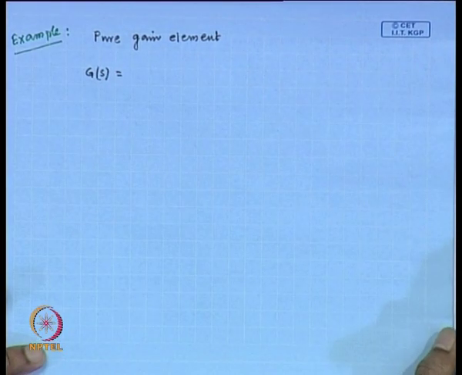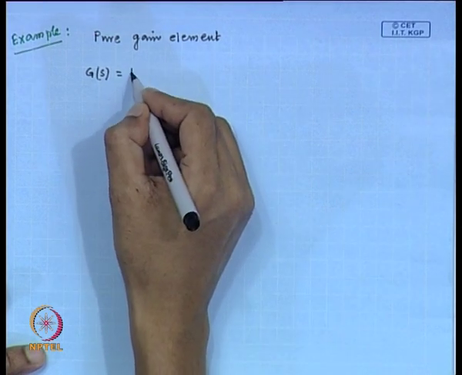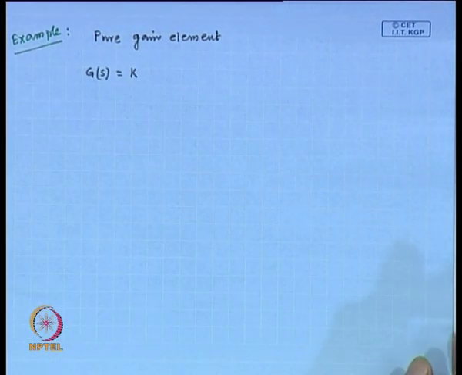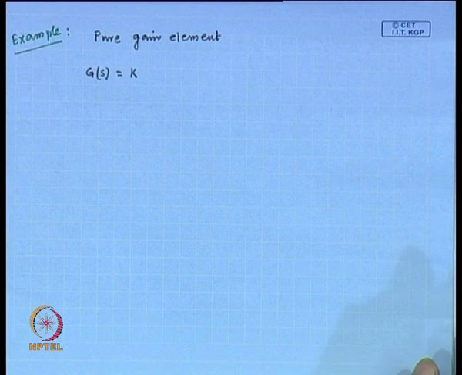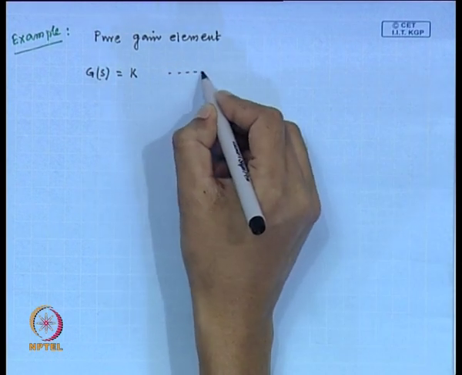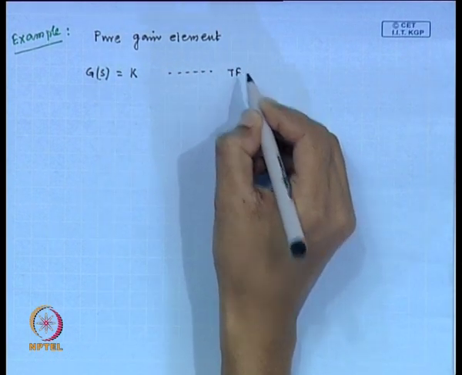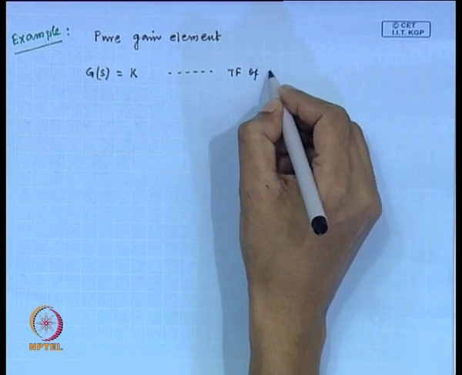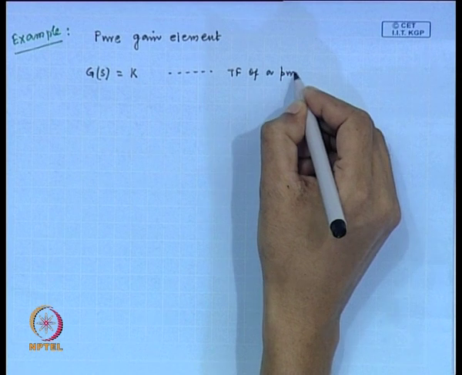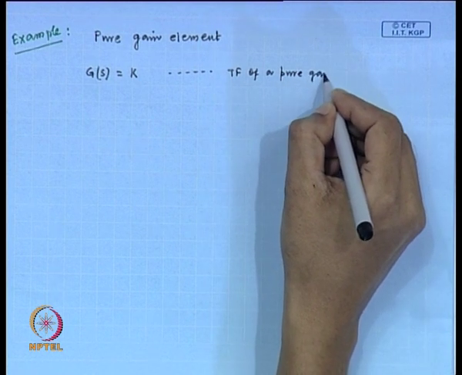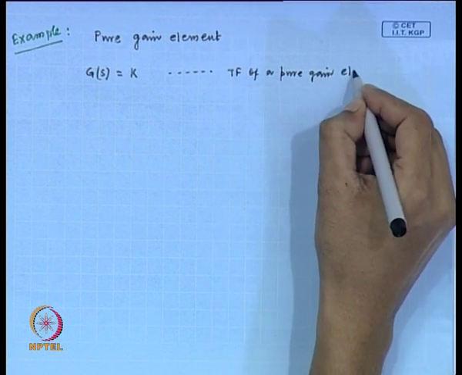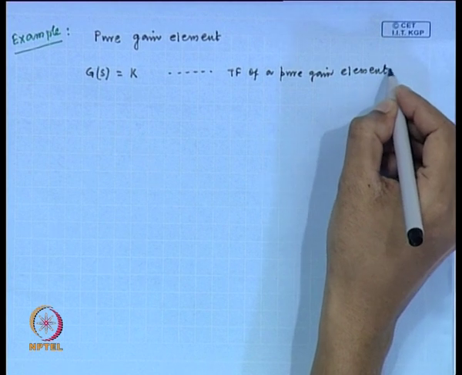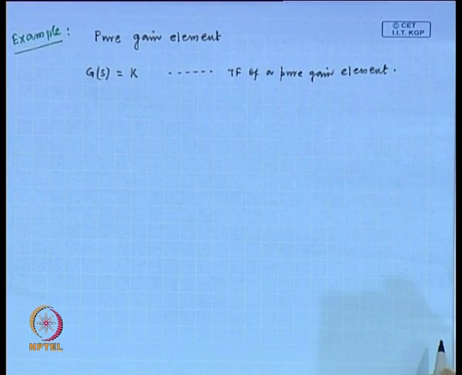The transfer function of a pure gain element is represented as k. So, this is the transfer function of a pure gain element.